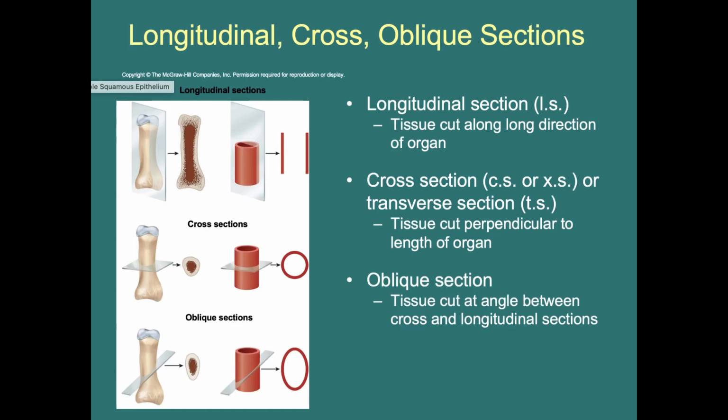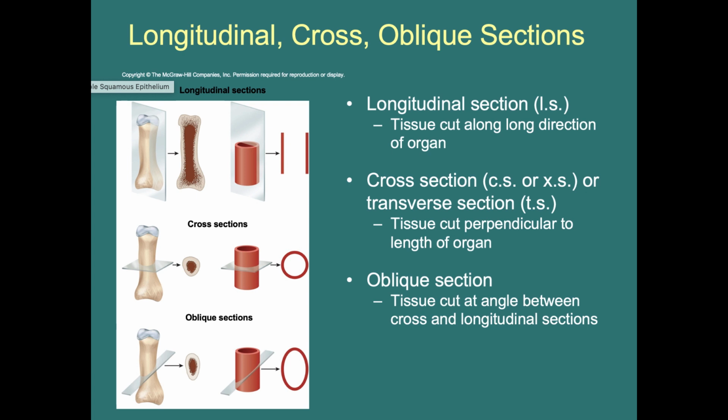And then last, we have a few different sectionings that you'll see on your microscopes. And so you might see the abbreviation LS or CS or XS, TS. These are going to give you an idea of what type of section you're actually looking at. So an LS here would be a longitudinal section.